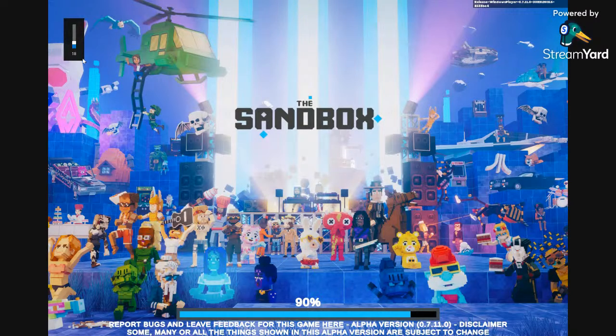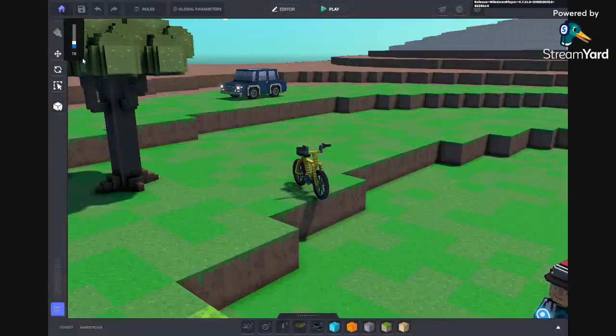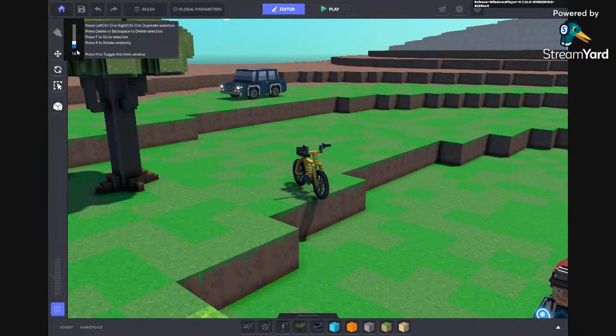So basically, this sandbox is a decentralized game. You can play the metaverse. You can play with other people and things of that nature. So this is when you edit. You can edit cool stuff.